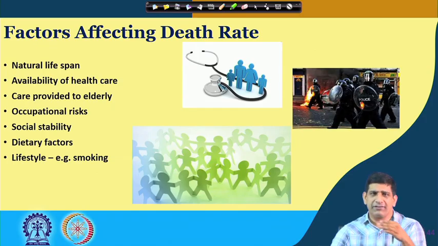Even in factory settings we see some, but the frequency of occupational hazard risk is actually going down. Social stability, how stable the society is, also affects the death rate. Dietary factors, eating habits, lifestyle, smoking, drinking, all those things are also part of how it affects the death rate.